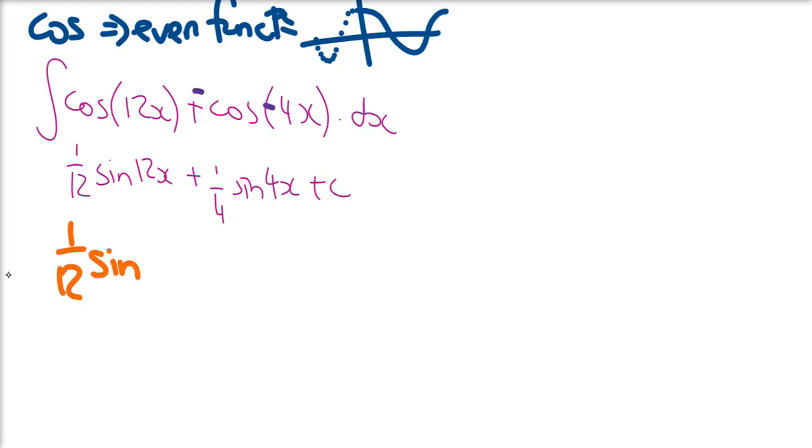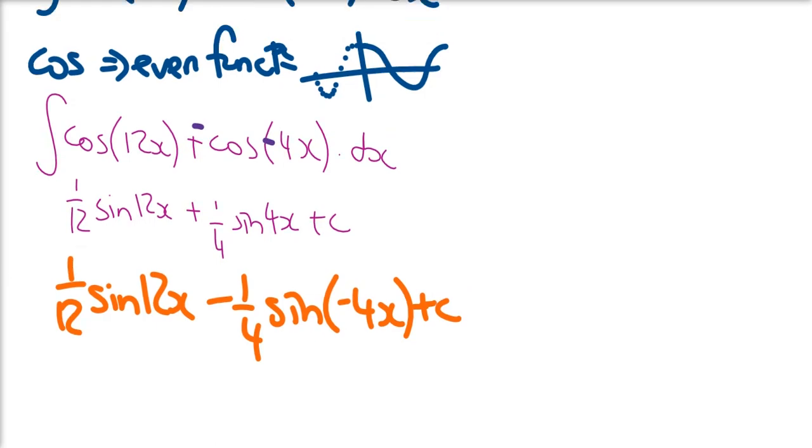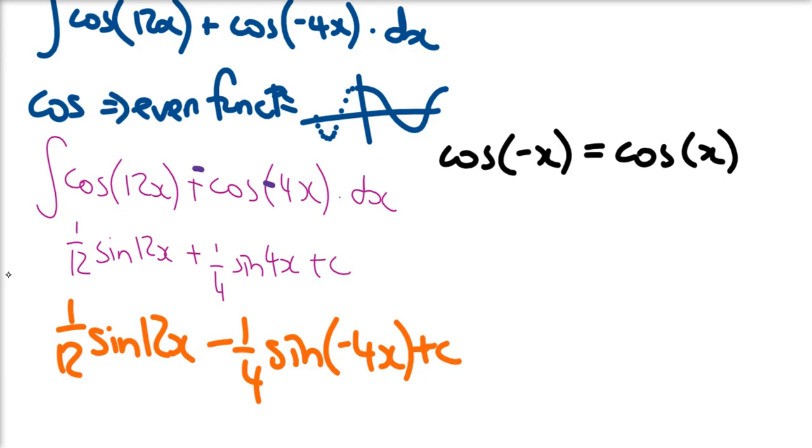Am I right? They're the same thing. So just like a cos is an even function, where we can say cos of negative x is the same as the cos of x, so we can eliminate that.